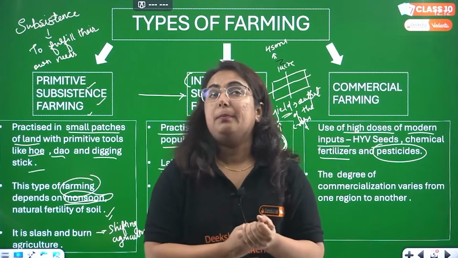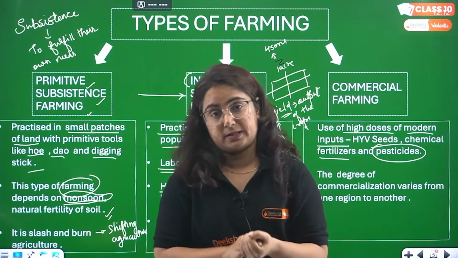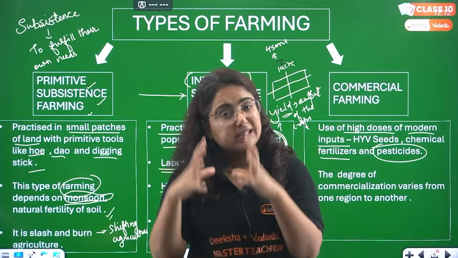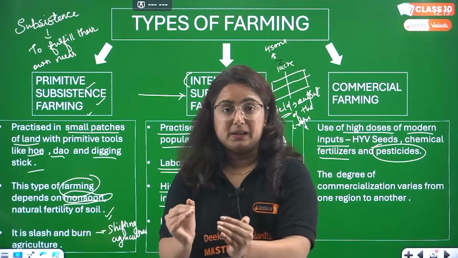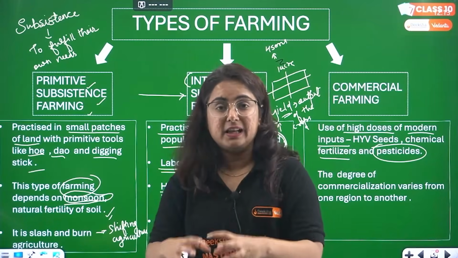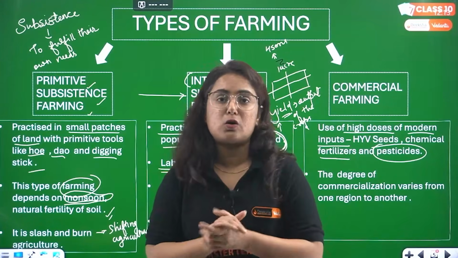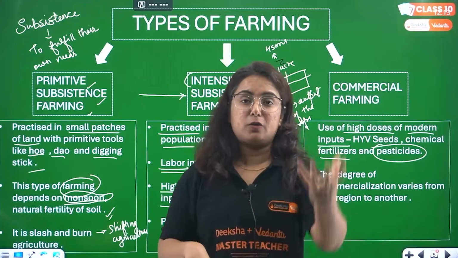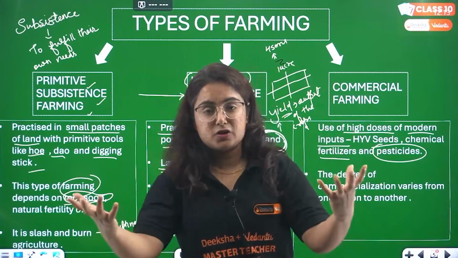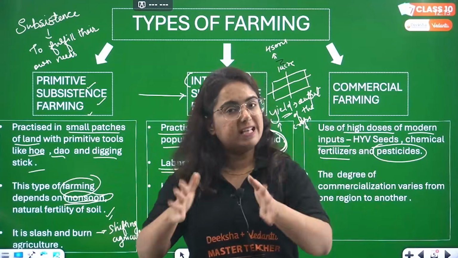Okay? Beta, what happens now? The rice there is grown for subsistence, because people growing rice there even consume the rice. So the percentage of production and consumption is equal there.